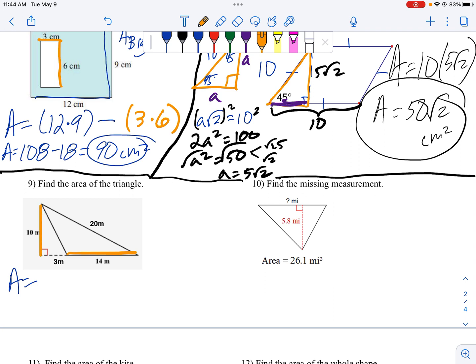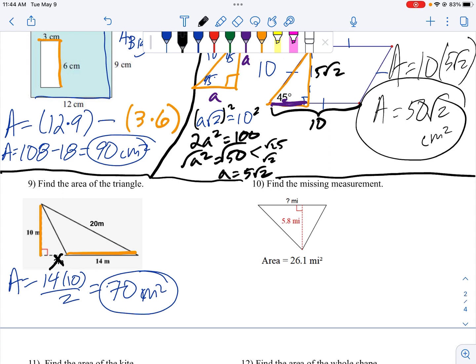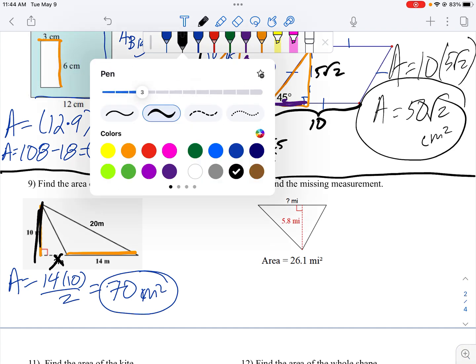Our height is the 10. So really all I have to do is 14 times 10 divided by 2, or 1/2 of 14 times 10, which is just 70 meters squared. Again, I can disregard this 3 here, as long as I know that this is 10. All right, just disregard it.